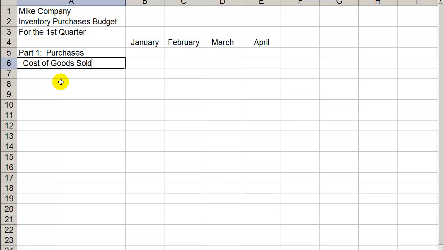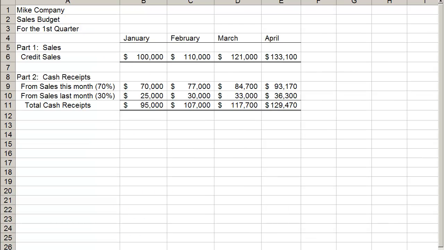Now, in point number 3, it says that the cost of goods sold is equal to 50% of sales. Therefore, in January, what we expect the cost of goods sold to be is 50% of our sales. So type in equals 0.5 times our sales budget, our expected sales of 100,000.